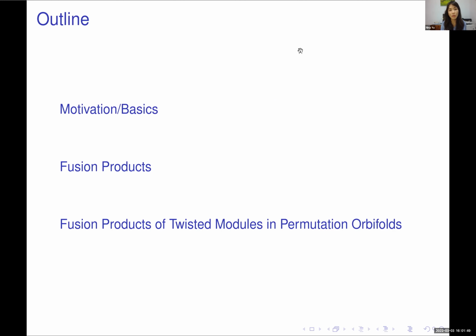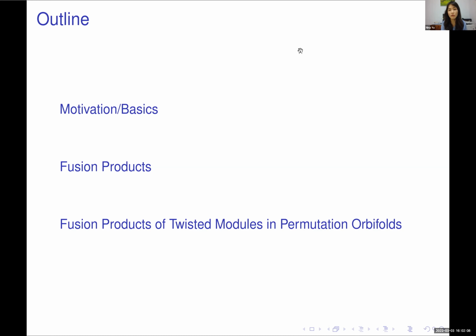So first I will talk about the motivation of studying this topic and also recall some basic notions that I need to use in this talk. And then in the second part, I will talk about the definitions of fusion products of twisted modules and some properties in general setting.